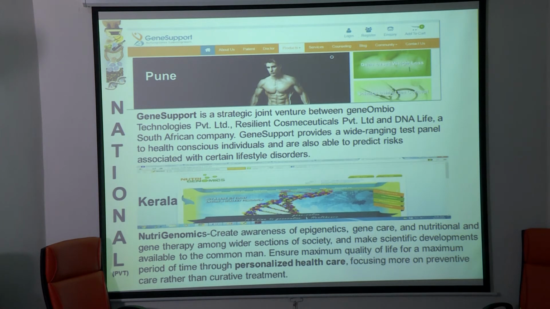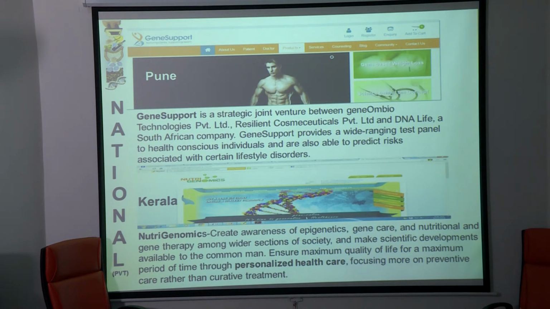And they ensure maximum quality of life for maximum period of time through personalized healthcare. The main idea is to give personalized healthcare because every genome has an imprint which can be identified through genome analysis as to how and in what way it should be treated. So the main idea for all of them is to prevent rather than cure.